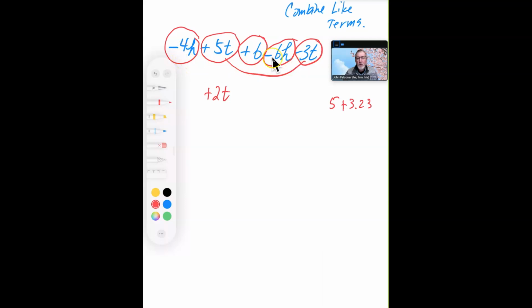So 6 and 4 is 10. And then don't forget your unit, 10h. And then you can take the sign from the number with the larger absolute value, which is 6. You can actually use either sign, but just to keep the rule consistent, you look at the sign on the number with the larger absolute value and go with that.